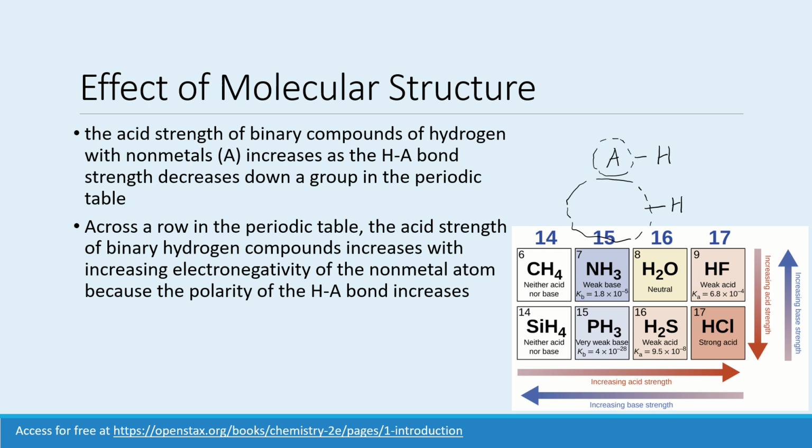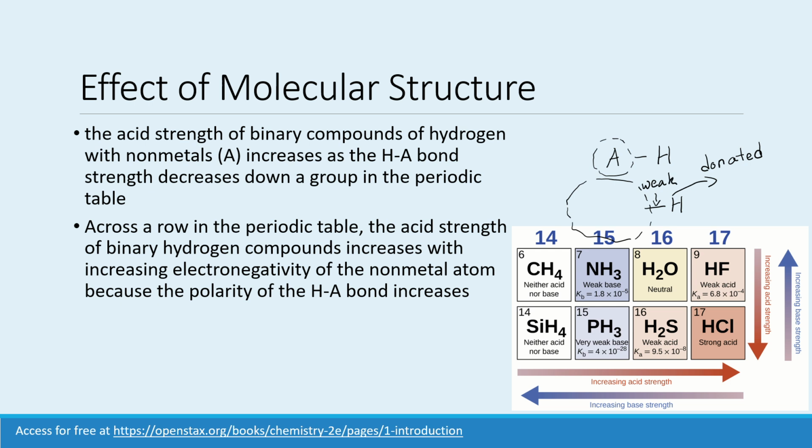And so you have a farther distance from that hydrogen atom, and so you get a weaker bond. And the weaker that your bond is between the atom and your hydrogen, the stronger the acid is going to be, because the more likely that hydrogen will be donated. And it's easily donated because the bond between the hydrogen and the atom it's attached to is considered to be weak, right?